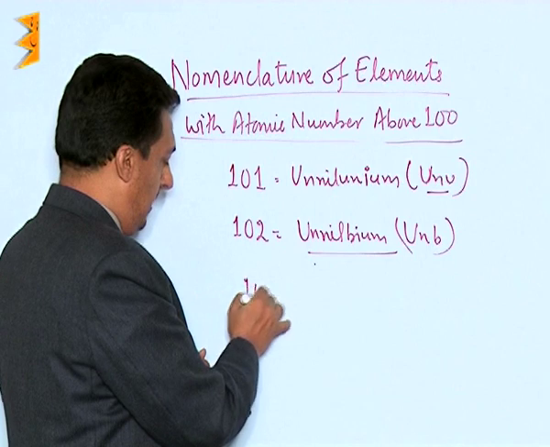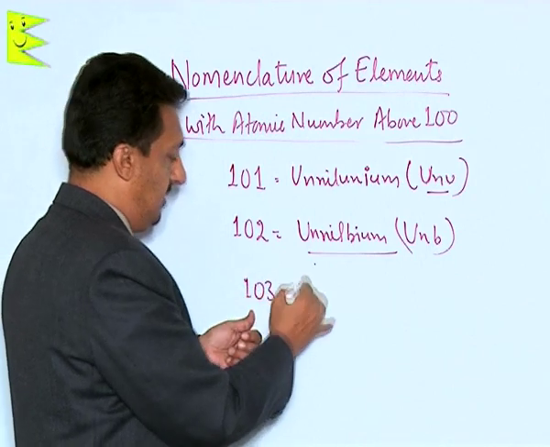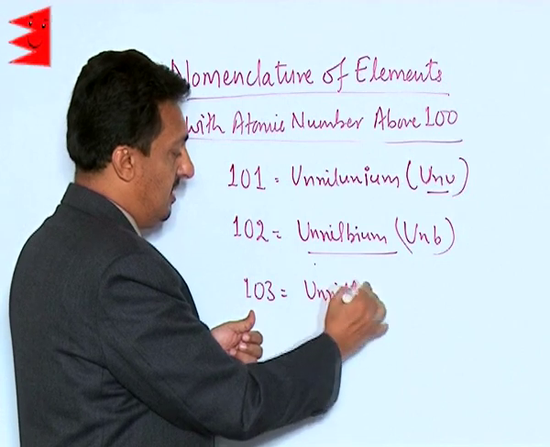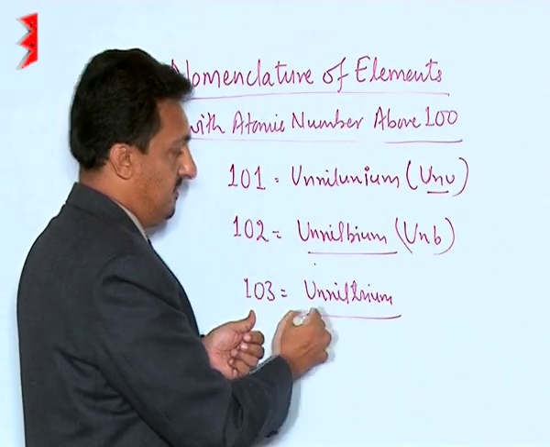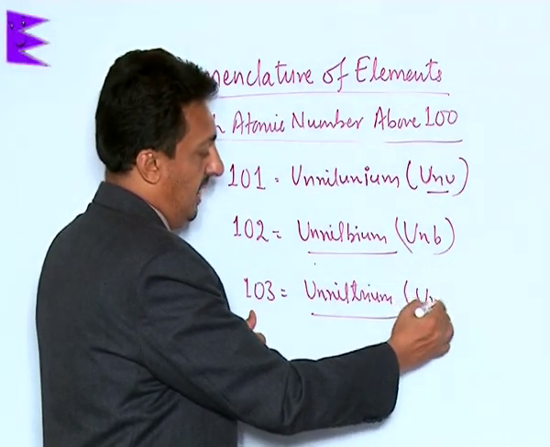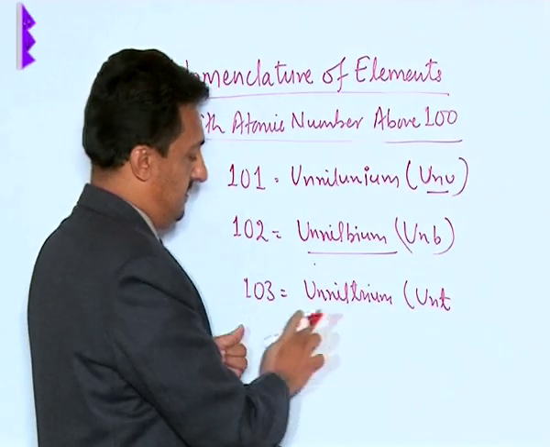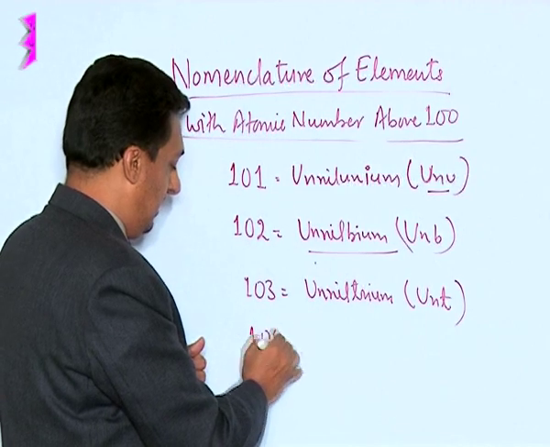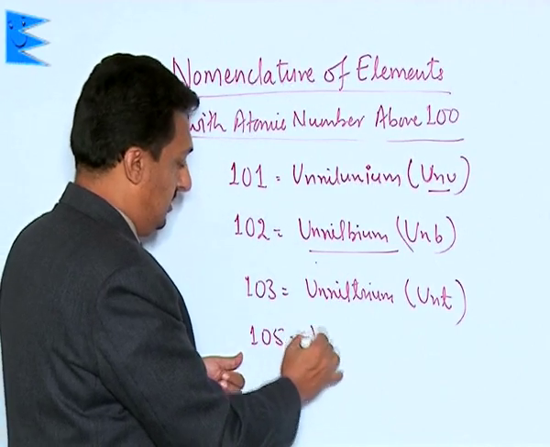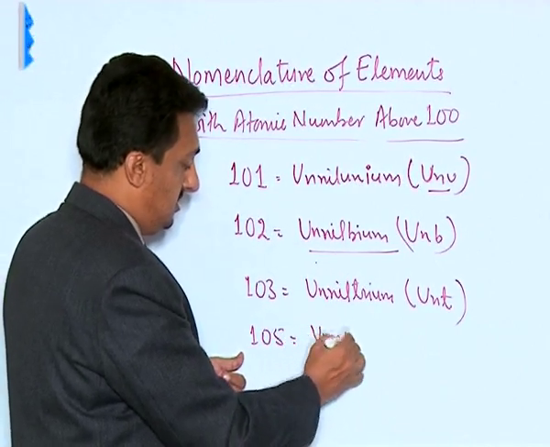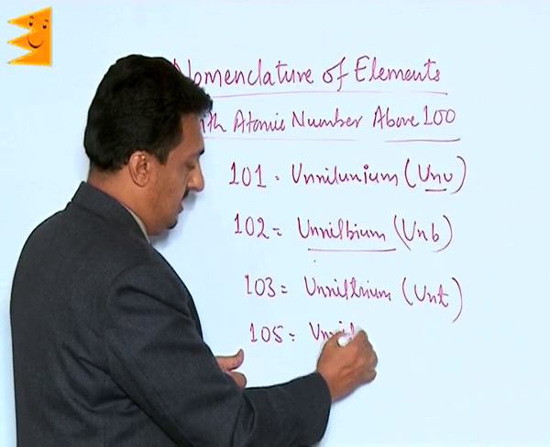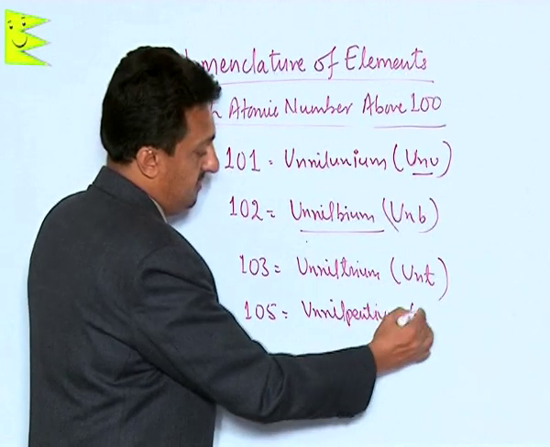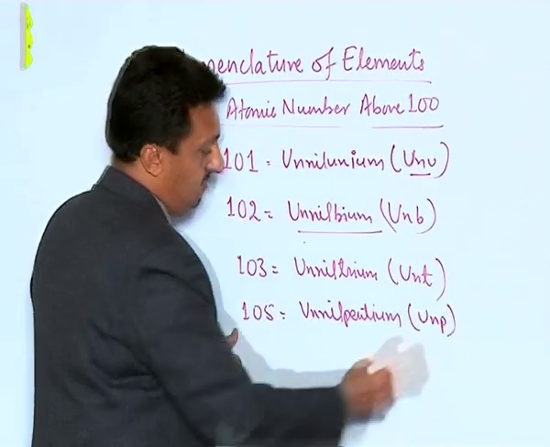Similarly, 103 will be called unniltrium, Unt. Similarly, 105 will be unnilpentium, Unp.